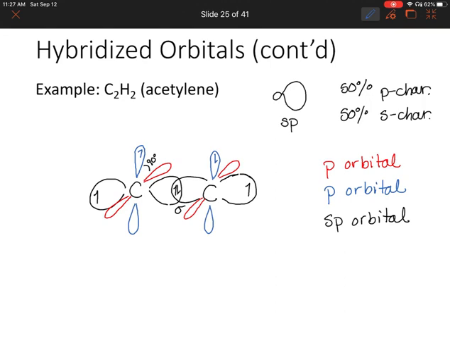But what ends up happening is when we form this pi bond between the two carbons, the electron density spreads out. So we almost have a little cloud hanging out above and below the molecule. So it doesn't really matter where the electron is, but in our two-dimensional drawing, I just show them at the top for simplicity.